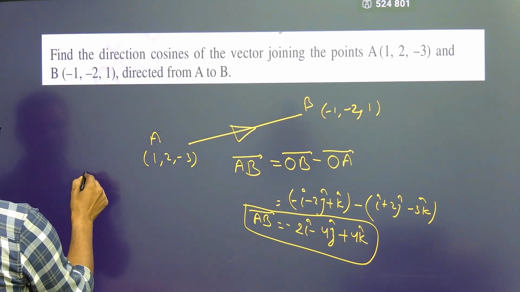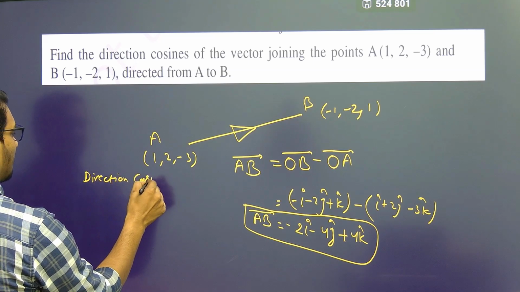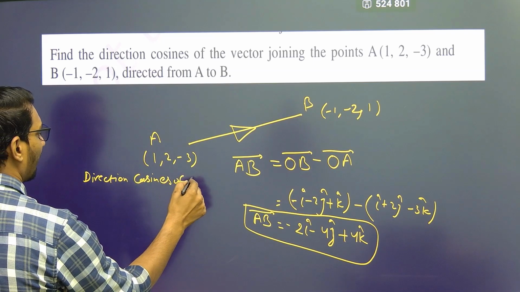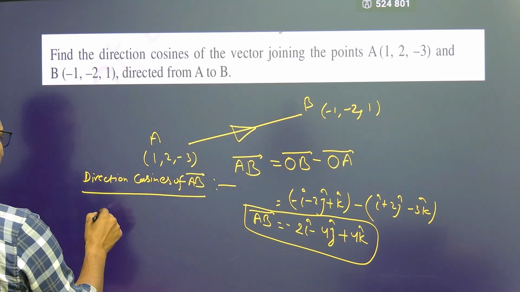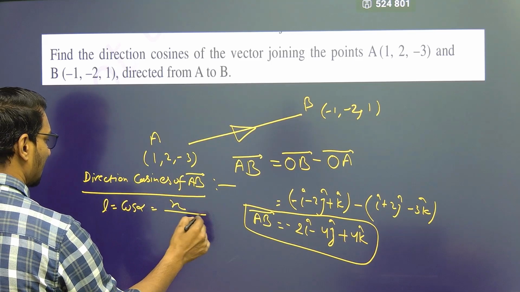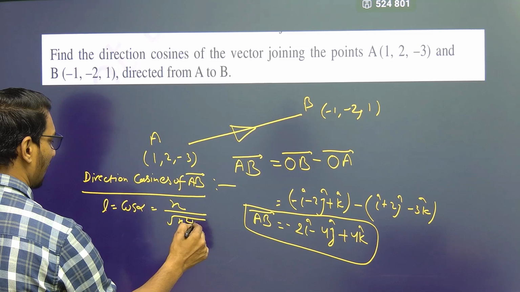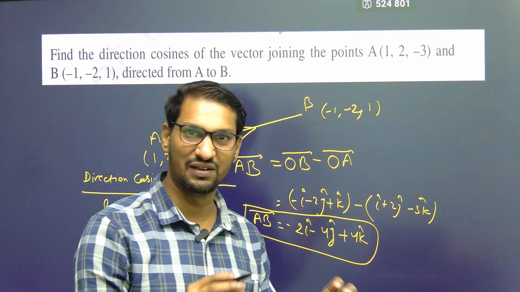So direction cosines of vector AB: l equal to cos alpha equal to x upon square root of x square plus y square plus z square. We can put values directly in the formula.